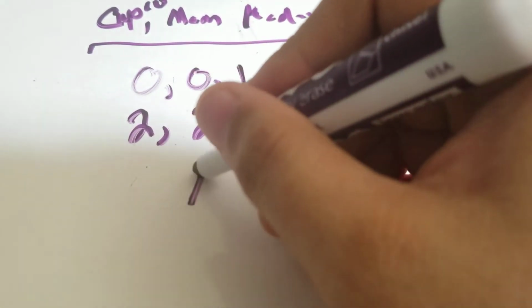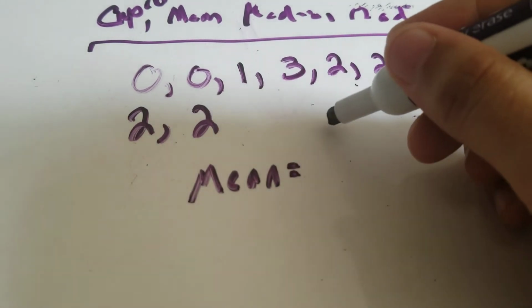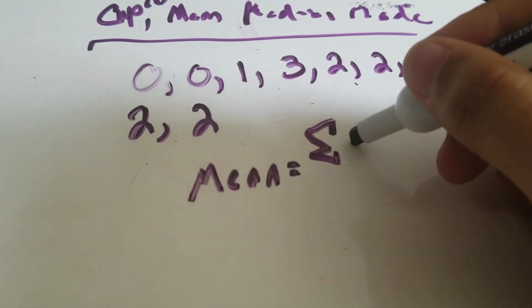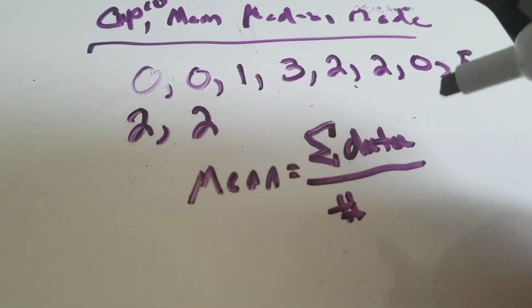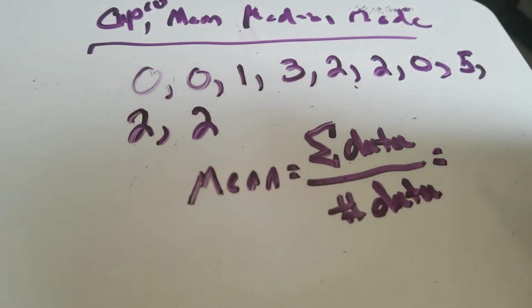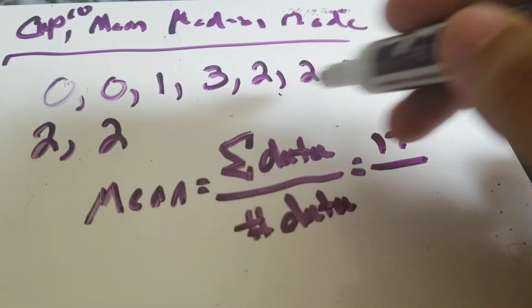Our mean is always, I'll show you the symbol as well, the sum of our data divided by the number of our data, like how many pieces of data we have. We added up all the numbers, which happens to be 17, over how many pieces of data we have.